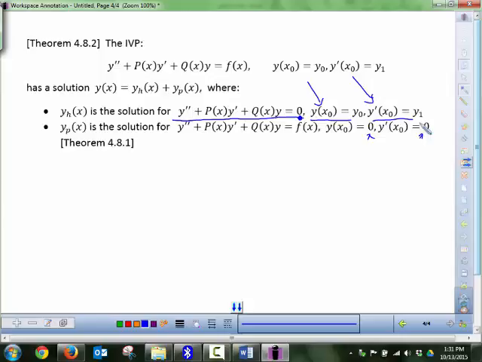Okay? And that could kind of make sense because we're doing the superposition principle. You take your initial conditions, use them on the homogeneous differential equation, and then for the particular solution, they're not going to contribute anything else. So that's why we have zeros for that. We assume that it's equal to 0.